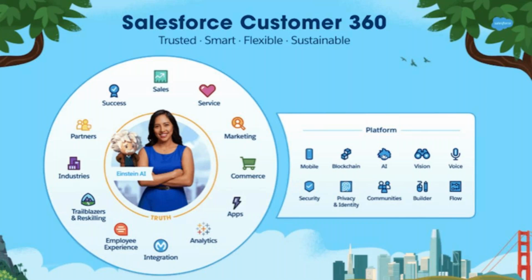And of course, if you see here, there is one feature called Customer 360 where it covers the entire life cycle of a customer, right from inquiry till he becomes your customer. Let us say I have a product, I want to sell that in the market, then I can make use of sales. Now, I have sold the product, but I'll provide service also. For example, washing machines, right?